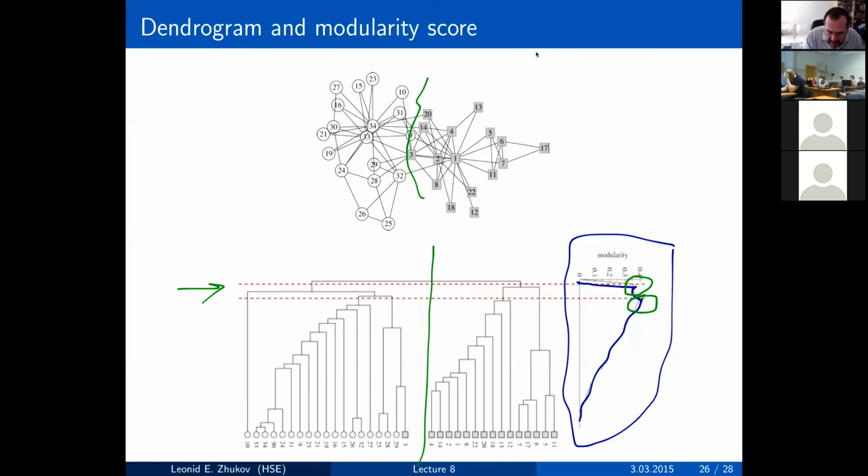Or there is another one a little bit below that will actually separate the graph into 1, 2, 3, 4, 5 communities. Okay, and so based on the modularity metric, this is the best split for this particular graph.